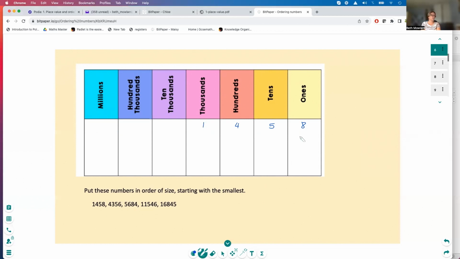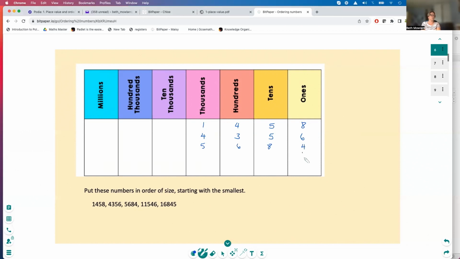So I've got that. Second number is 6, 5, 3, 4. Then I've got 4, 8, 6, 5.